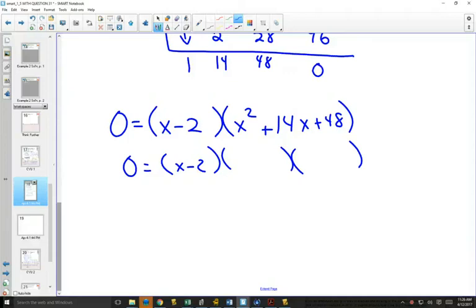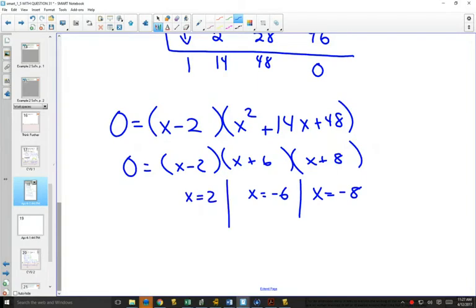Is x squared plus 14x plus 48 factorable? Yes, it is. So in this case, it is. We get x plus 6 and x plus 8. And so our possibilities for x are 2, -6, and -8. So there are 3 answers. But now if you look back at the picture of the box that we drew, can you see if the height is x, this doesn't make sense. Neither does this.